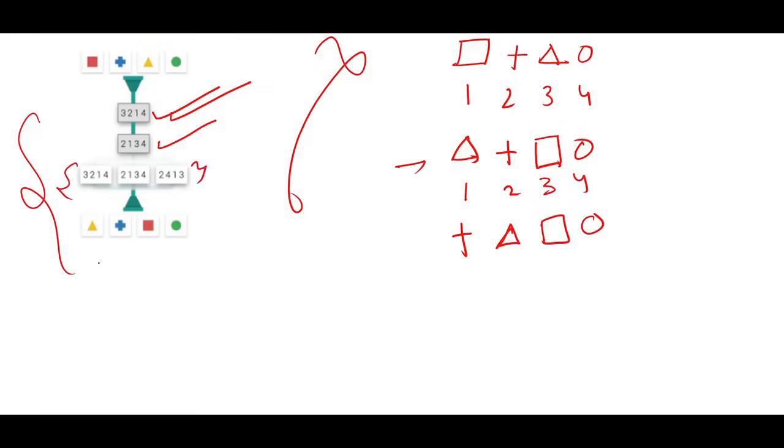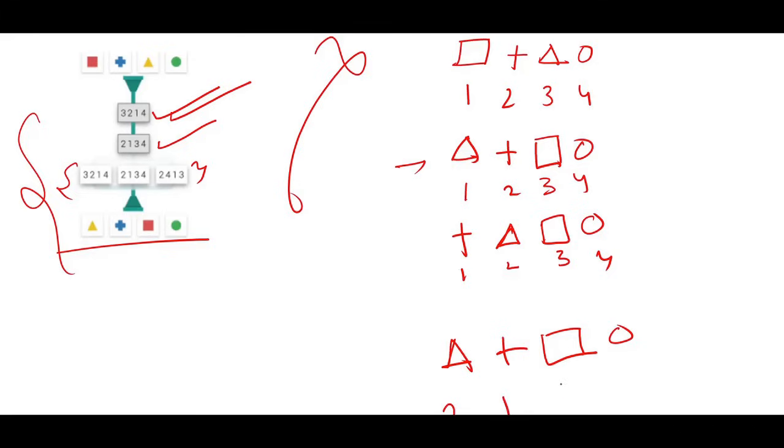Now there are a total of three options available. We need to get the output like this, and we need to tick mark the correct option. So triangle, plus, square, circle. Now see here, triangle, let's give the numbering 1 2 3 4. First we are getting triangle, triangle is at 2, so 2 would be there. Then we are getting plus, plus is on 1, so 1.